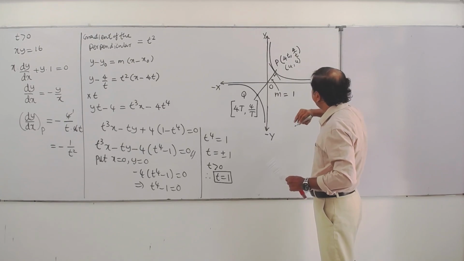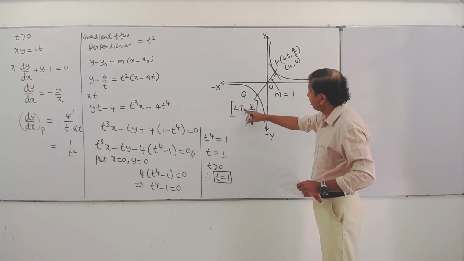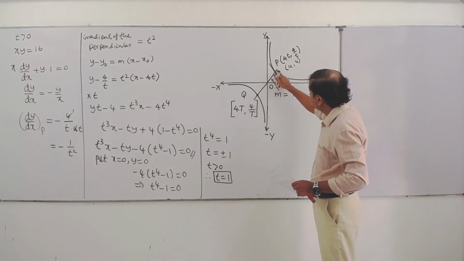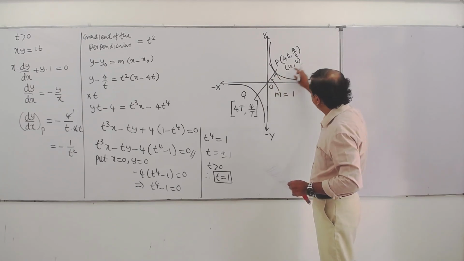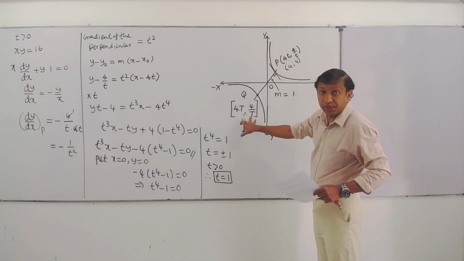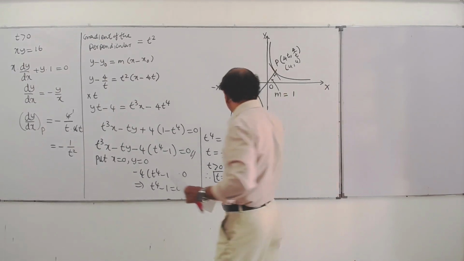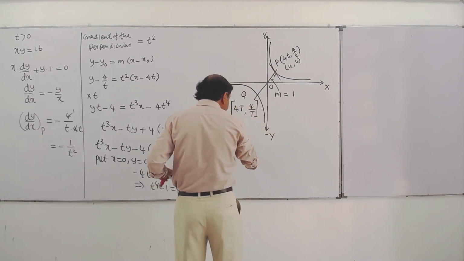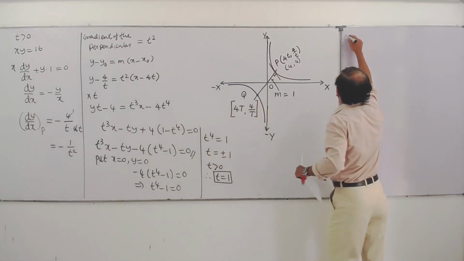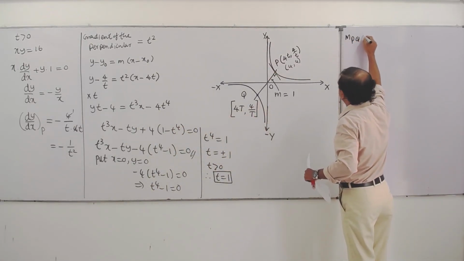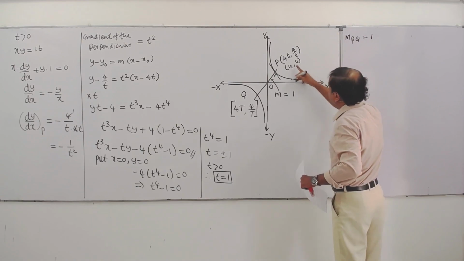Right. Now to find the capital T, we can write the gradient of this PQ line using these coordinates, and that gradient we can equate to 1. Now we can write the PQ gradient m_PQ is equal to 1. How to write the gradient?